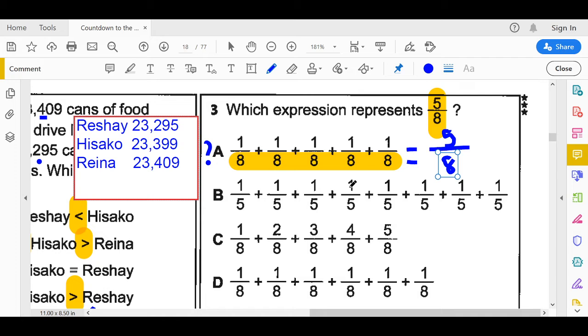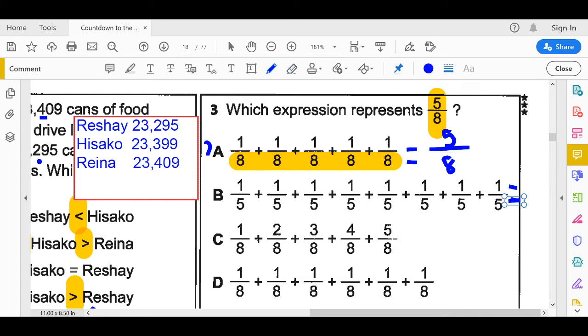Letter B is going to be the same. I'm going to put my equal symbol. Okay. And then let me just erase right there. Okay. My eraser is really nice here. You see that? Okay.